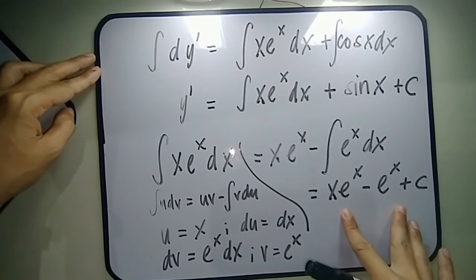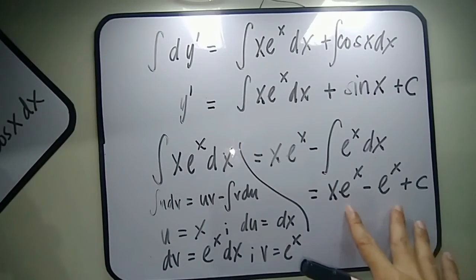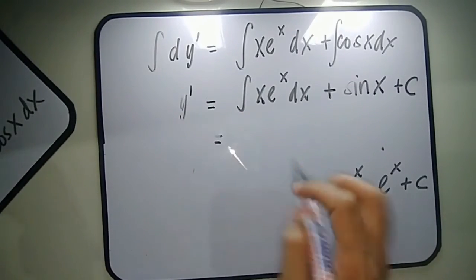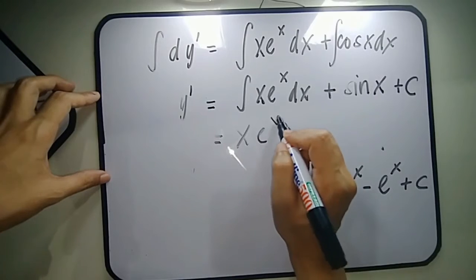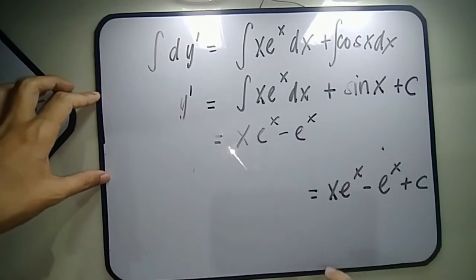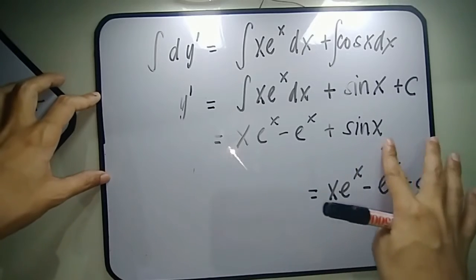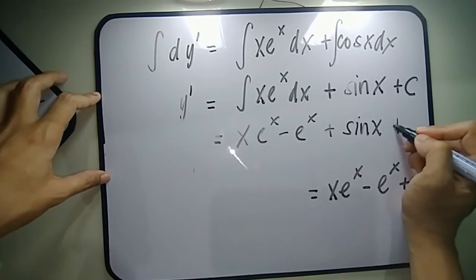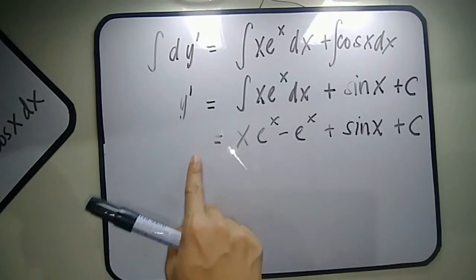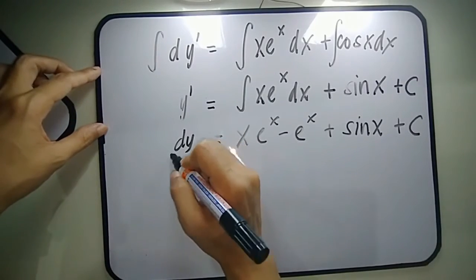So that is the integral of this expression. So we substitute this: x e raised to x minus e raised to x plus sin x. The constants we will just combine since they are separate, so plus c. So this is the differential of y with respect to x.